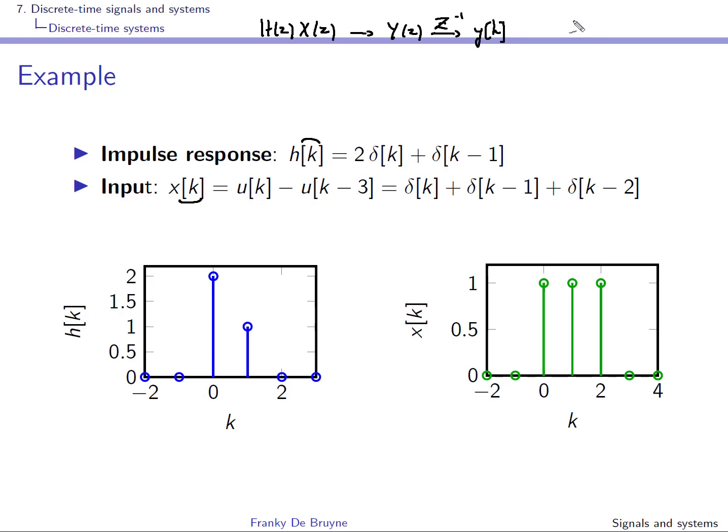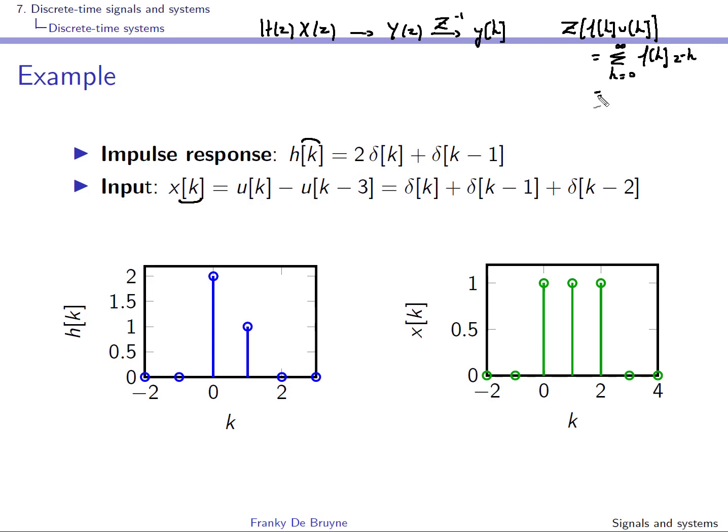Remember that the z transform of a signal f(k) u(k), okay, so this is the one-sided z transform, is a sum going from k equals 0 to infinity of f(k) z^-k.